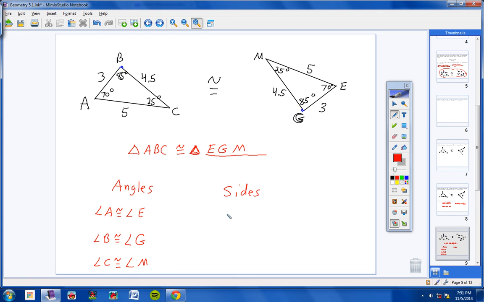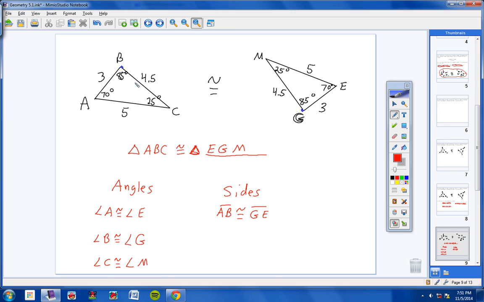Now how about the sides, guys? We can do this. Side AB is congruent to, well, let's see. Side AB has a length of 3. What side over here has a length of 3? GE. And guys, you should know by now, you could also put AB or BA or GE or EG. It doesn't matter, okay?